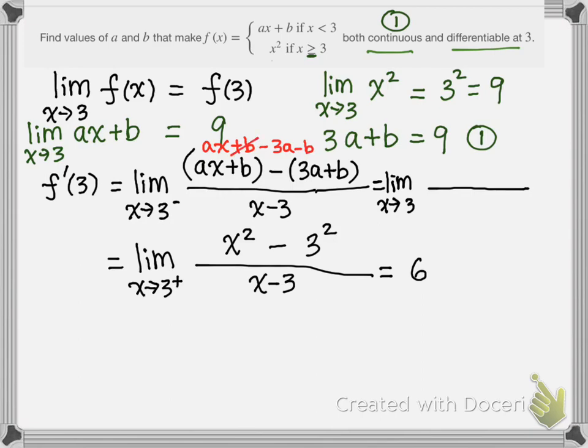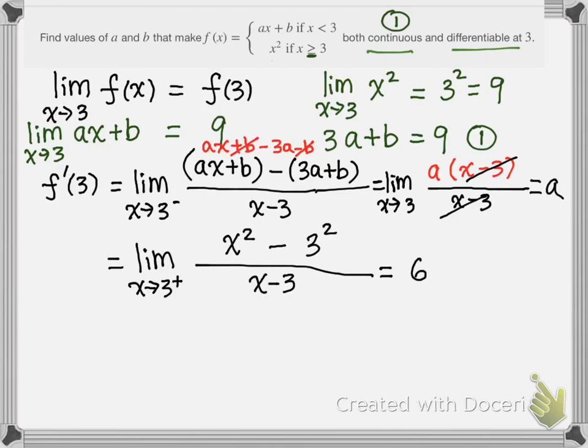The b and the negative b cancel. What is ax minus 3a? What do they have in common? They have a in common. So you factor out the a and you get x minus 3 left on the top. You divide it by x minus 3 and you have a cancellation. So this limit as x approaches 3 of a just equals the constant a.